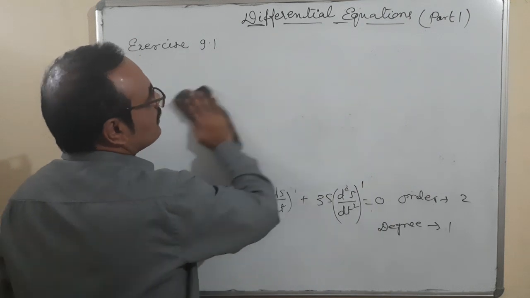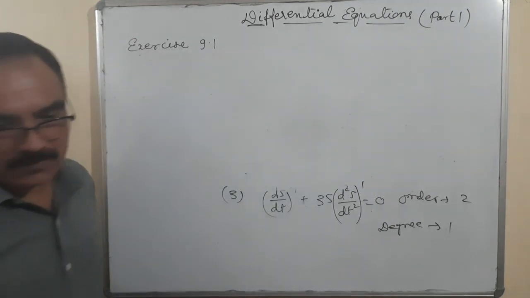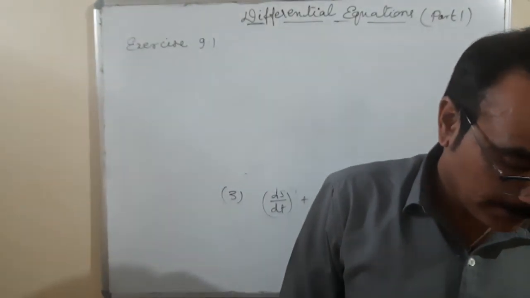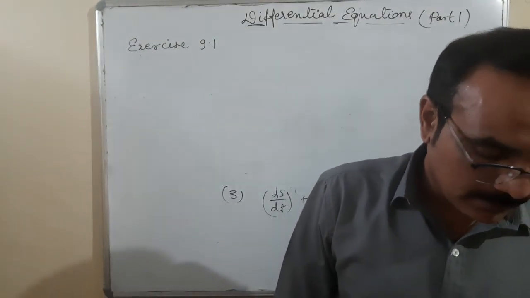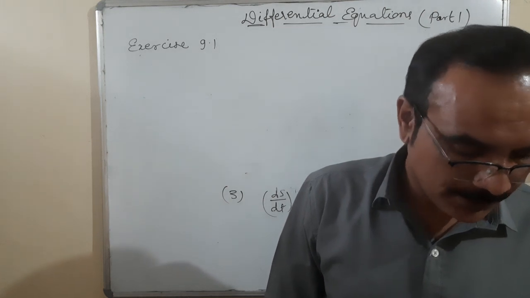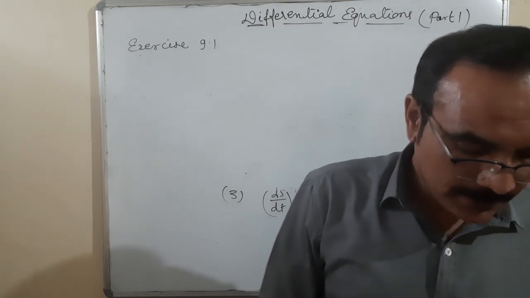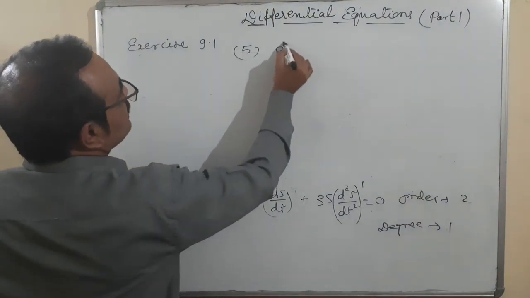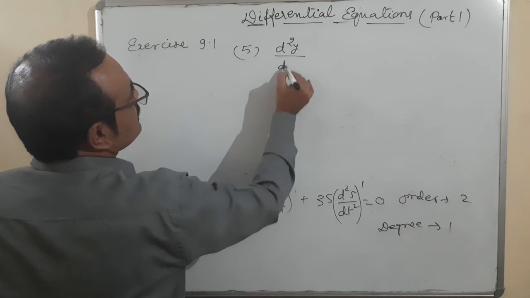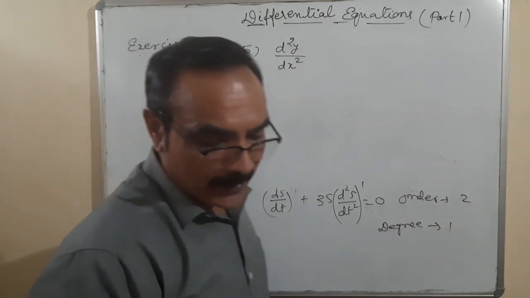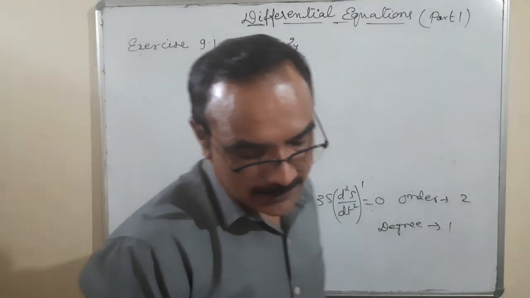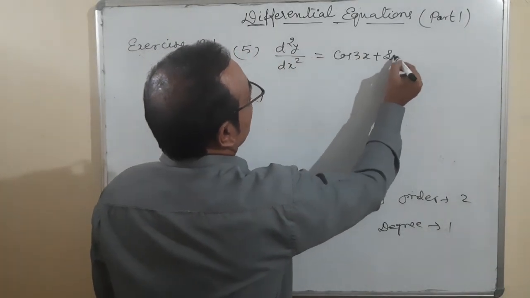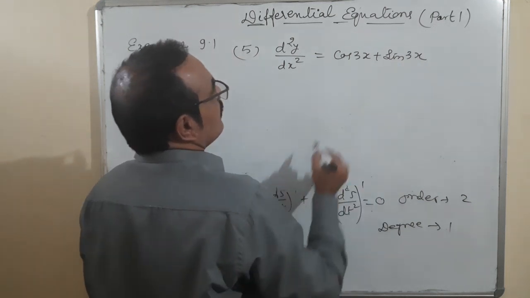Another question. Question 5: d square y by dx square, the second order derivative, is equal to cos 3x plus sin 3x. What is the order?